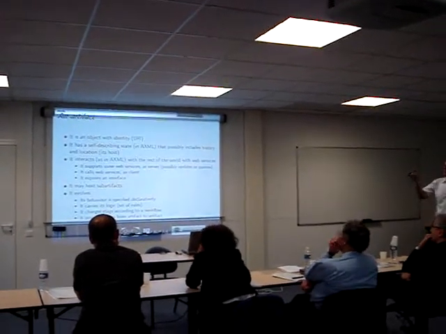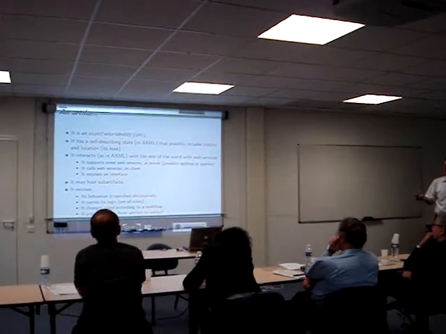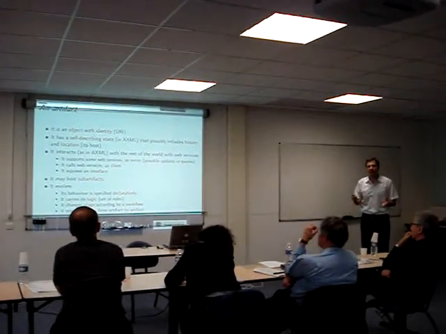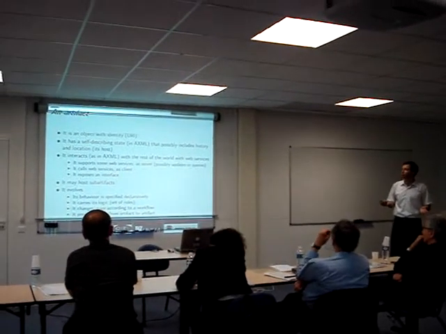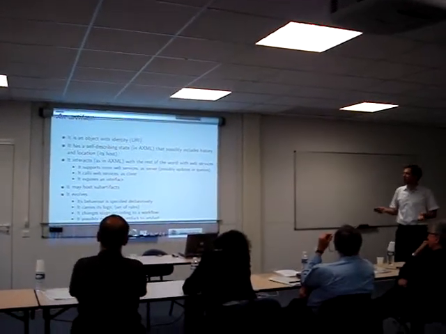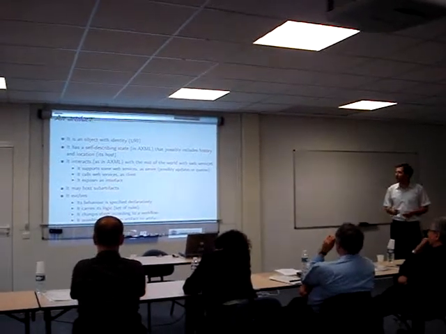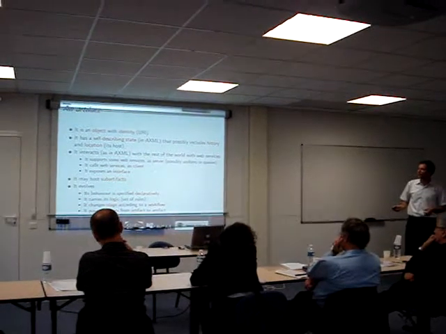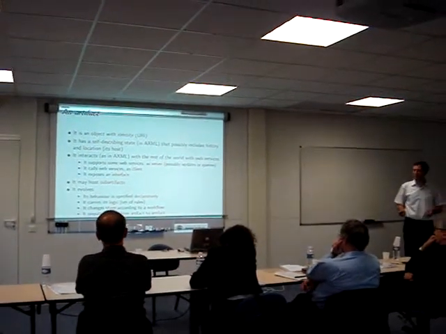In our model, an artifact is an object with some identity, with some state that is an active XML document. It interacts as an XML document through web services with the rest of the world. It is at the same time a server and a client, and as a server it has an interface.